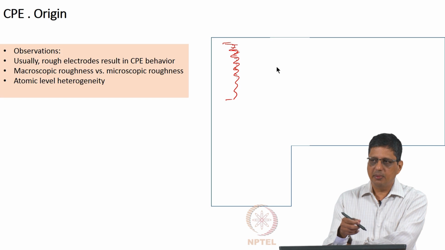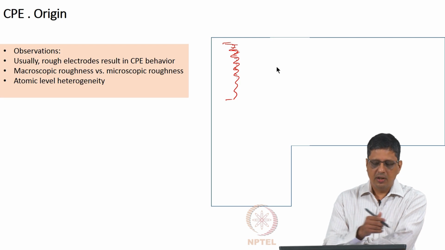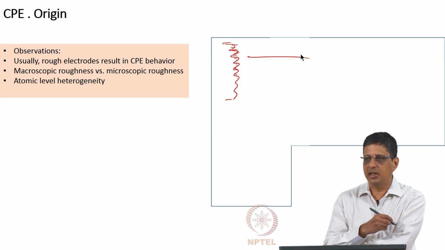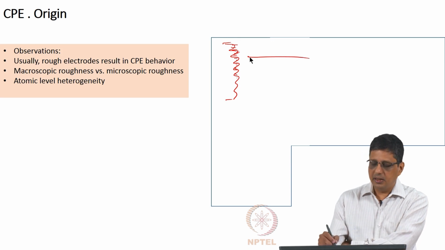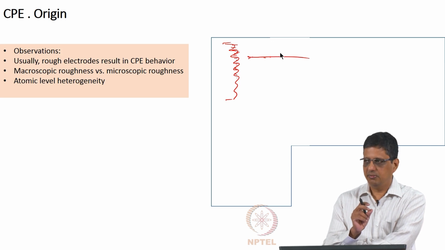People used to think that it may be caused by rough electrodes at millimeter level or hundreds of microns level roughness. Microscopic roughness means the electrode appears to be more or less smooth even if you look at micron level scale, but individual locations have different energy levels.